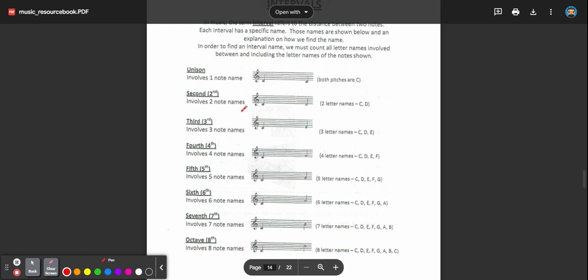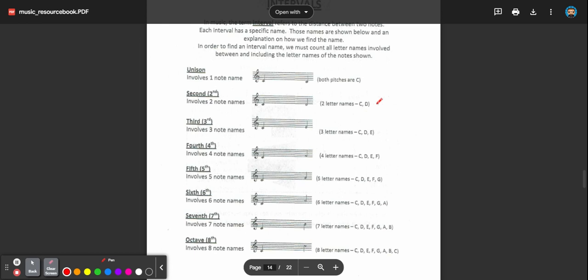When this description up here talks about note names, I think of it as just counting. So if I start on C and this next one, we're talking about a second, an interval of a second. It involves two note names, but I just count. I start with this one and I count that as one, C is one, and D is two.